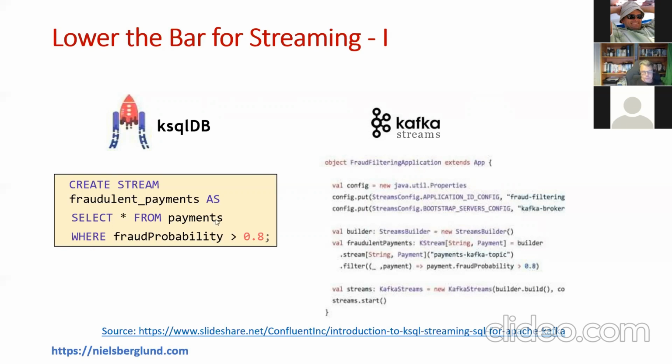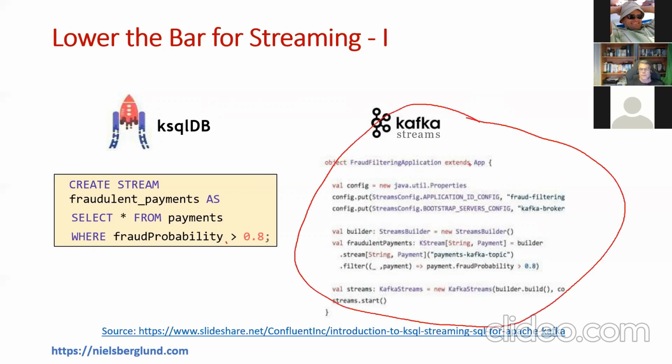If I were to do it with Kafka Streams, it would look something like this: creating some new config, setting IDs, bootstrap servers, creating a stream builder, etc. This may not be that difficult, but if we're comparing this with that, I know what I would like to write.